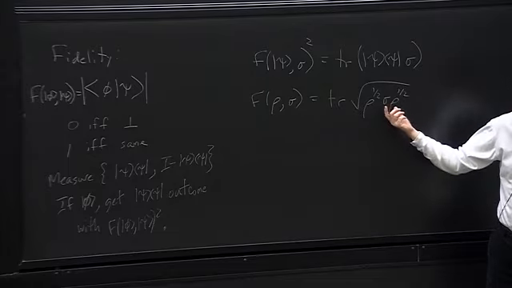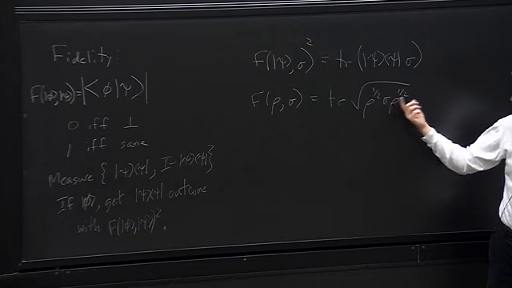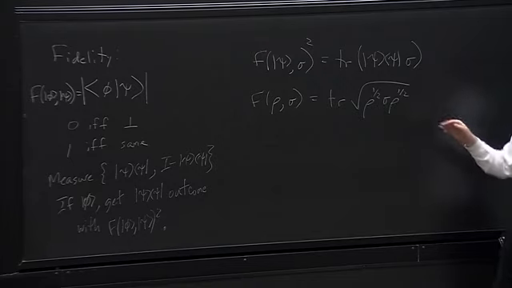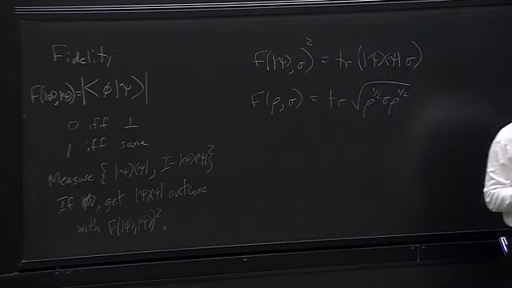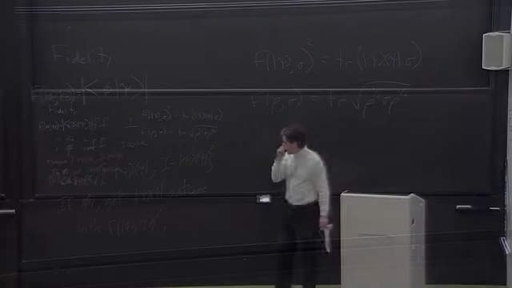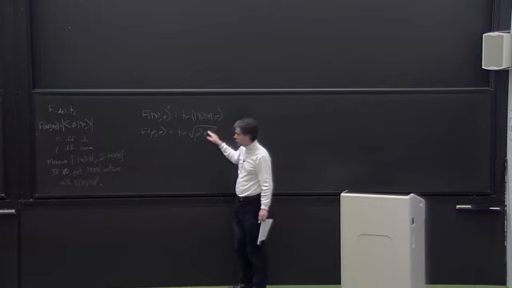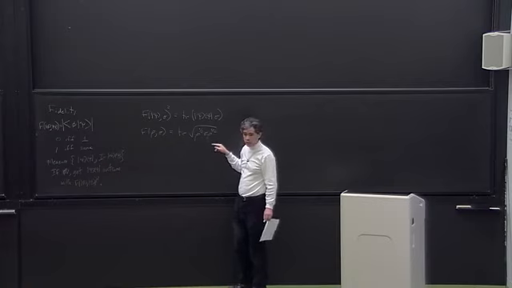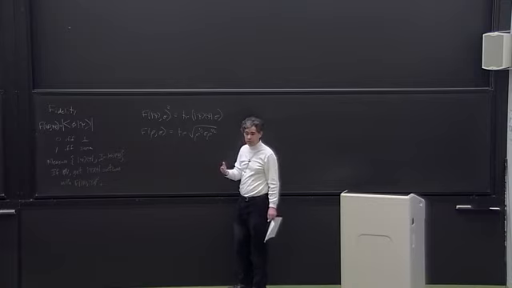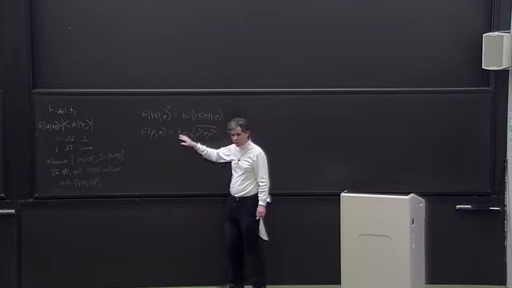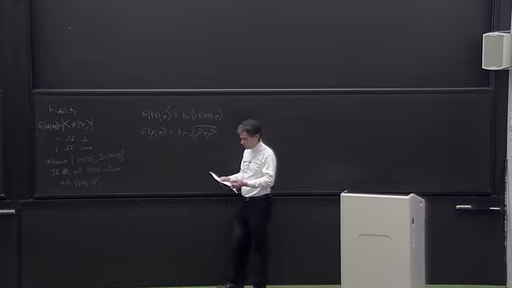But because rho and sigma might not commute, this is not the same as rho sigma. And then we have to take this square root, again, basically for this reason. Anyway, so this thing specializes in the case where, say, rho is a pure state to this. So it is a generalization of the standard fidelity, but it has a bunch of other properties which are not so obvious from the definition, maybe, but happen to be true.